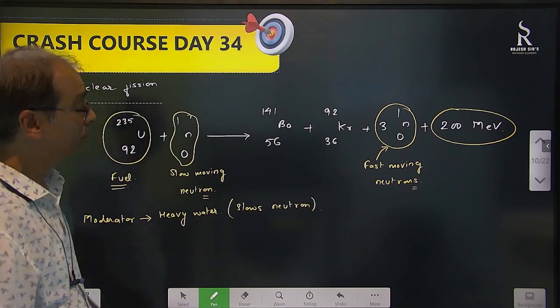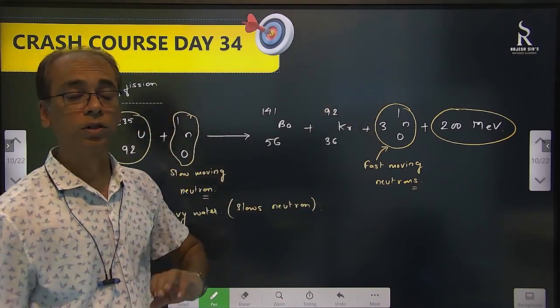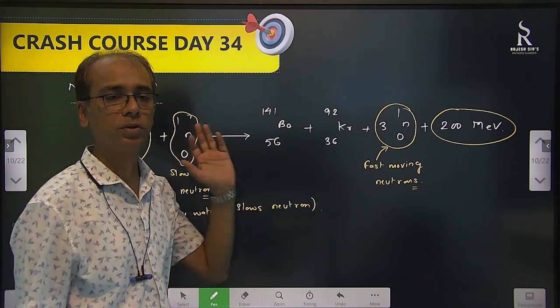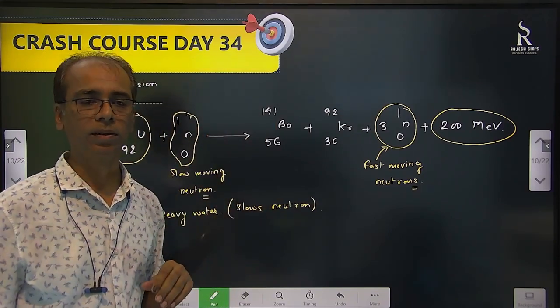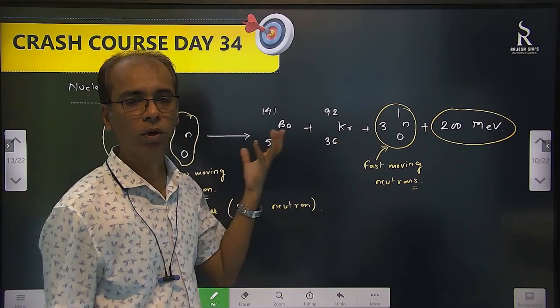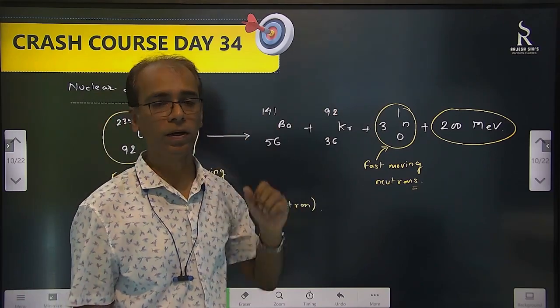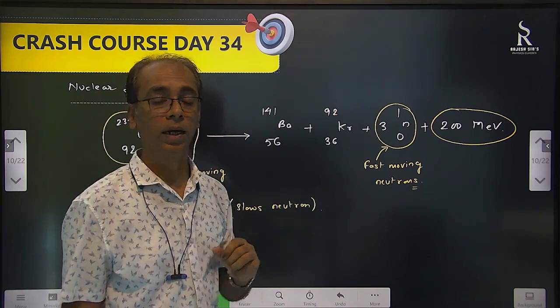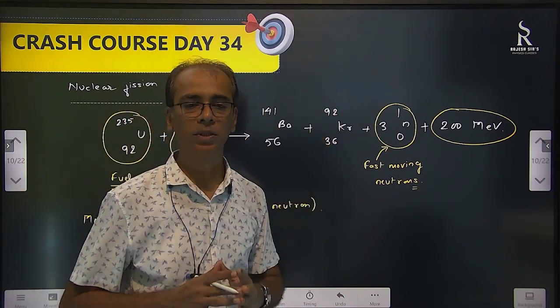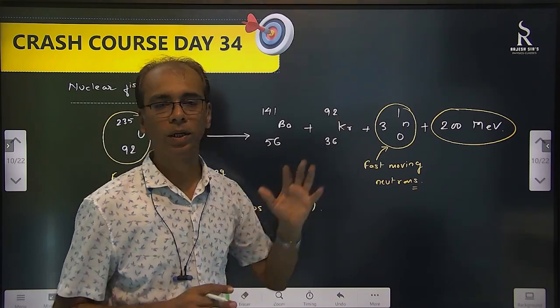Now, in this process 3 neutrons are coming. So there is a possibility that if many uranium nuclei are there, 10 or 15, and everyone is going for this process of fission, how many neutrons will develop? 45 will develop. And suppose more uraniums are there that we don't want involved in the process, but these will go and hit them.